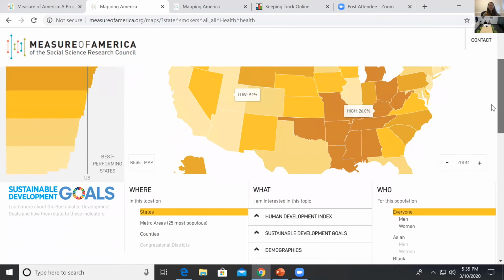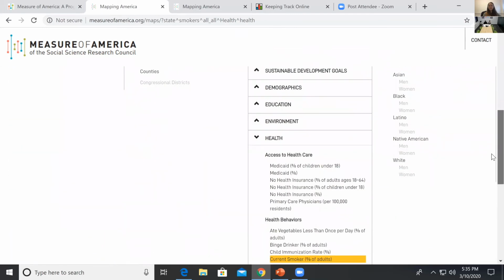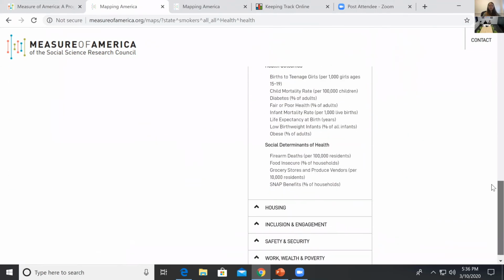Again, the reason that we like these tools is because they're easy to use and pretty self-explanatory.